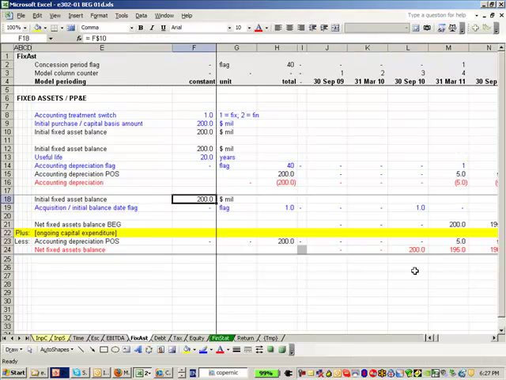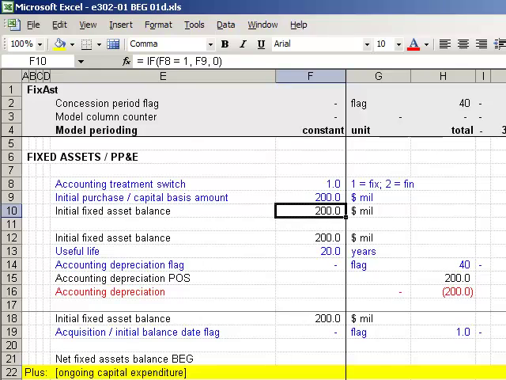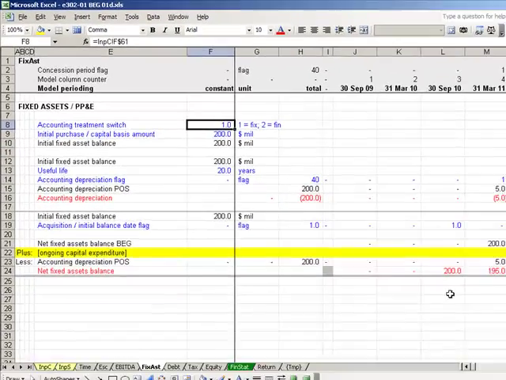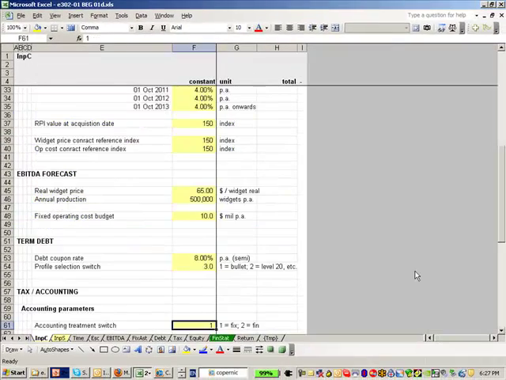What I've set up and preset here is a switch. If I look at this formula, unless that switch is 1, there will be no fixed asset; the total capital basis of $200 million will not be reflected in the fixed assets. So let's change that switch over to 2 and get started.